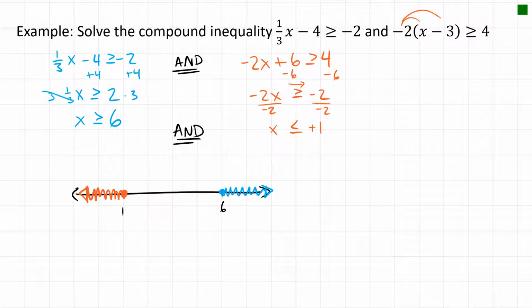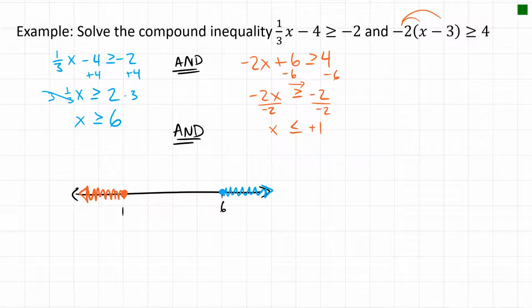Well, what is the region where both of these inequalities are true? Can you see it? There is none. There is no solution. There is no x value or values that satisfy both of these two inequalities. And that and is very important because it says both this inequality and the other must be true.